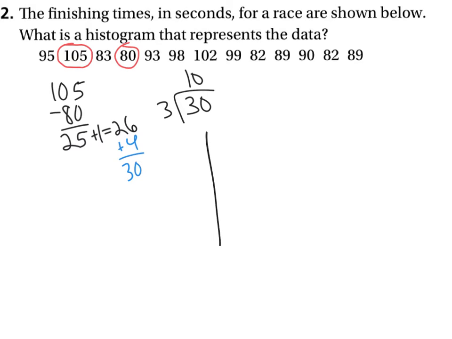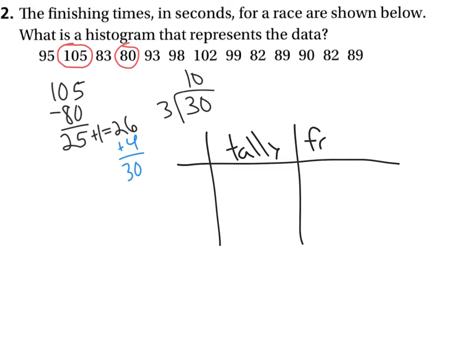On this one, since the frequency table isn't like our final thing that we're doing, you don't have to be super detailed on your frequency table. Okay, so our lowest time was 80. 80 is a pretty nice number to start with, so I'm just going to keep that the same.